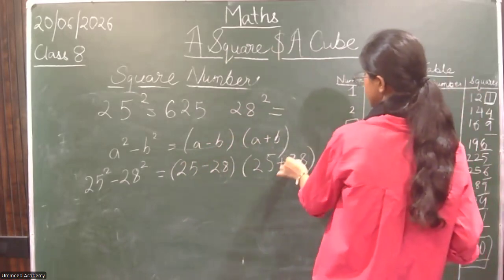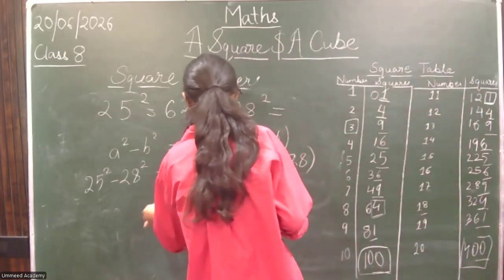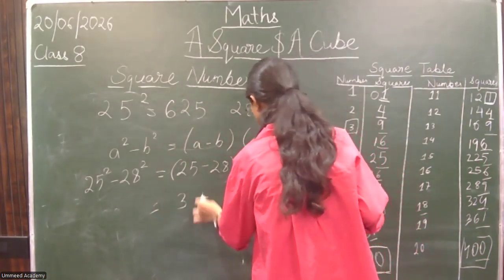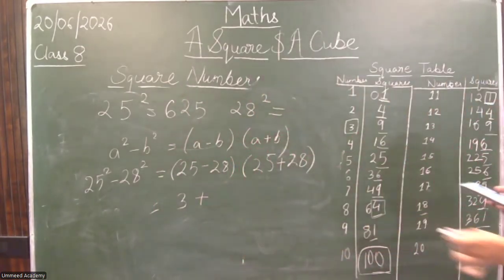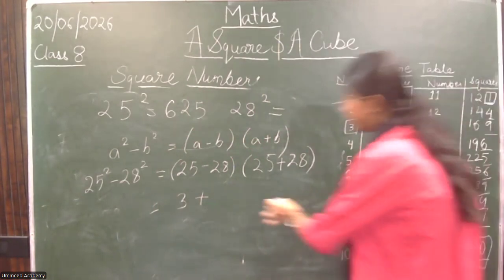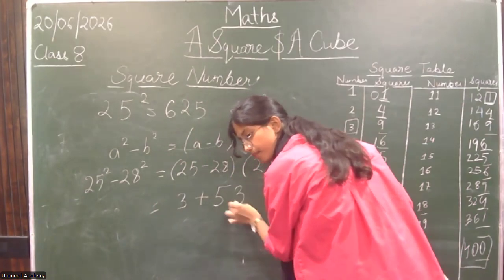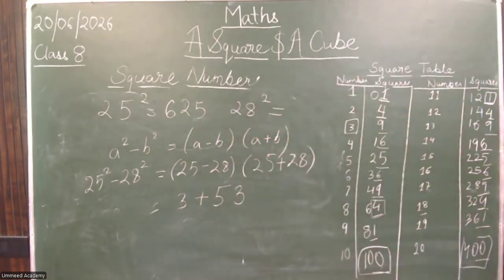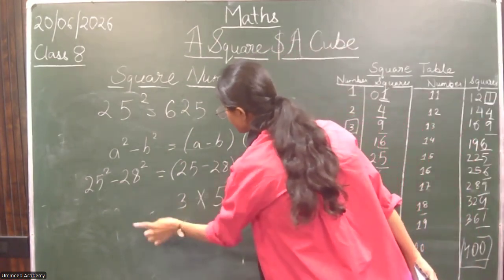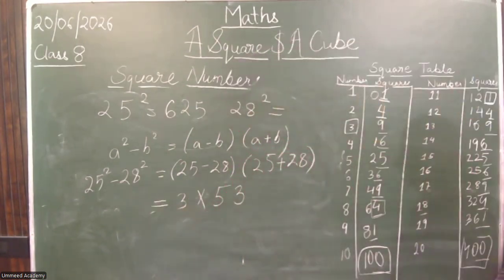So 28 minus 25 is 3 and 28 plus 25 is 53, right? Sorry. Pulkit, are you getting the same answer?